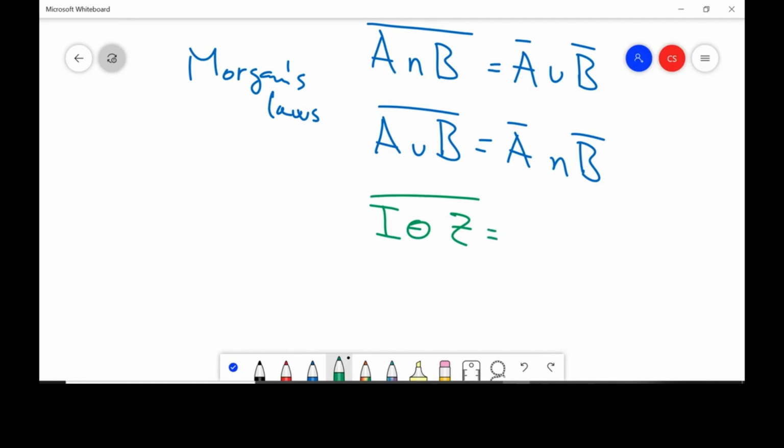If we follow the analogy with the Morgan laws, this would be the complement of I, and then I have to change the operator. Here we have intersections. The complement of an intersection is a union. So the complement of an erosion is a dilation. And then instead of the complement, it will be the reflected one. But this is what we have.